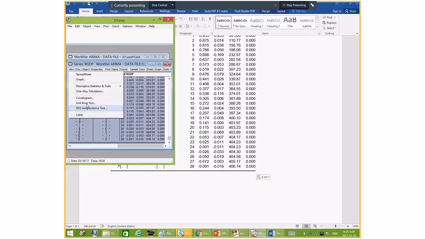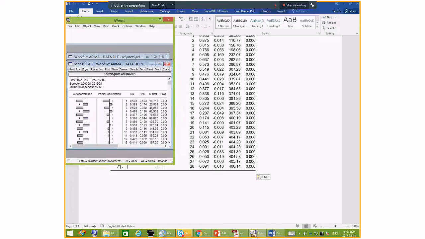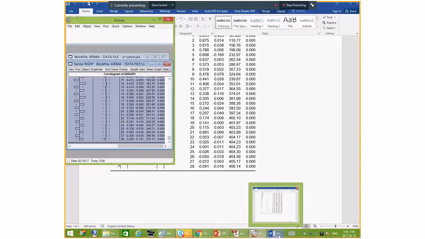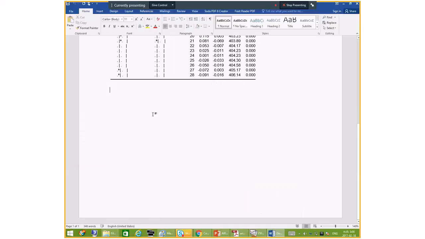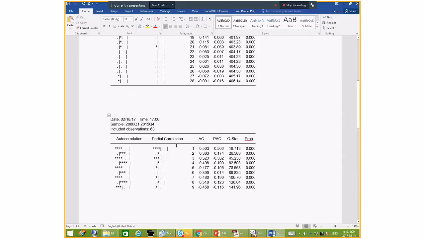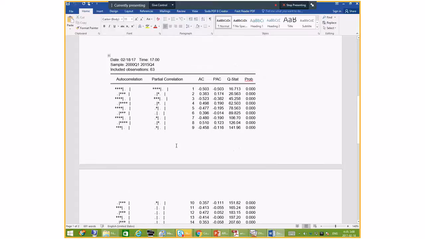View, Correlogram, select correlogram of first difference. Now click OK. Copy it. This is the autocorrelation function and the partial autocorrelation function of the first difference.